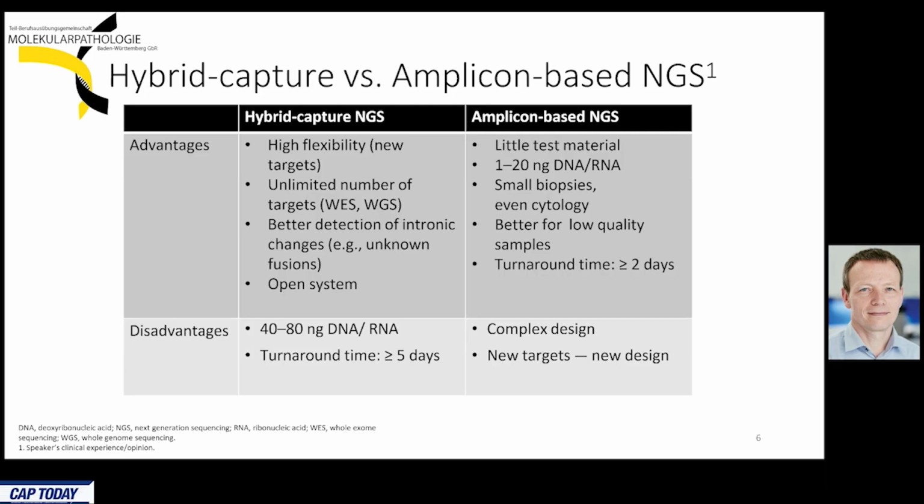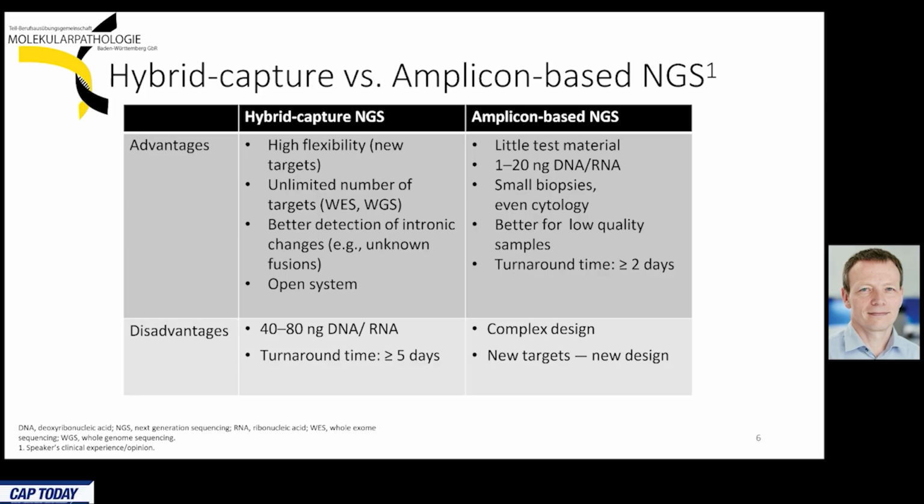The amplicon-based NGS can manage with very little input material, from even 1 to 20 nanograms of DNA and RNA, and that's why it's suitable for small biopsies, even for cytological specimens.